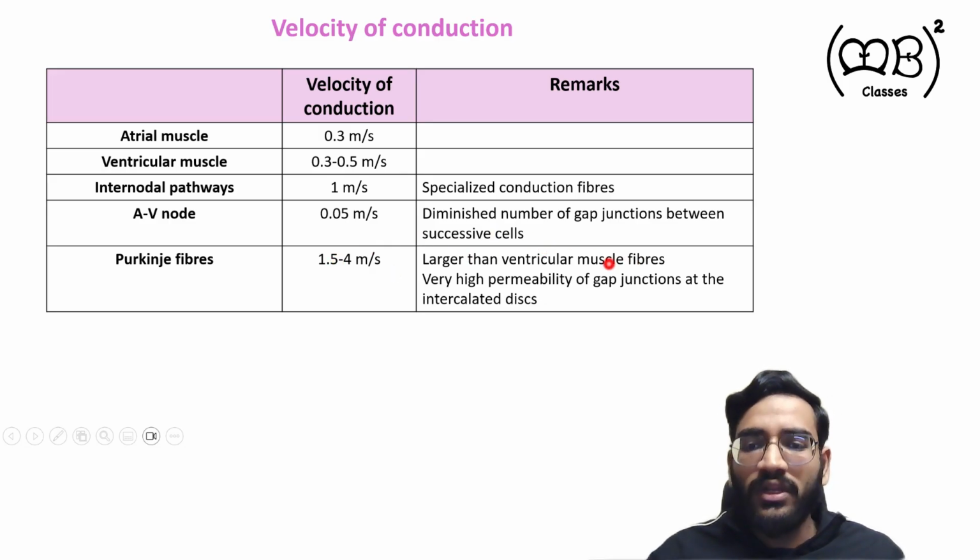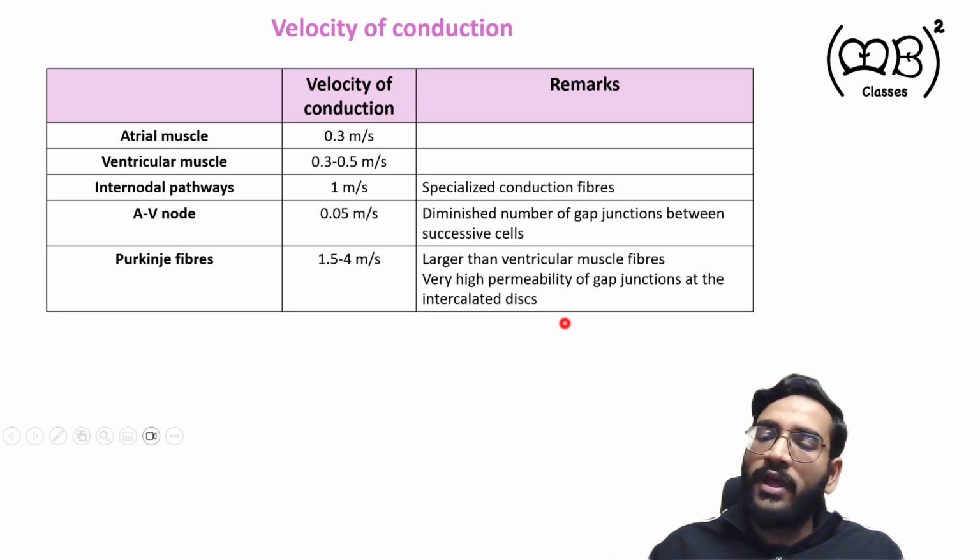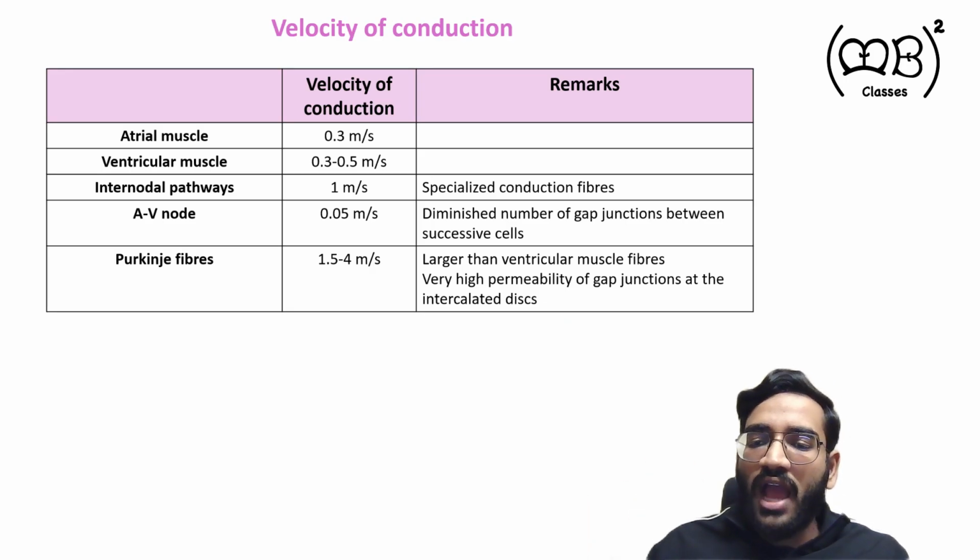Second, the gap junctions of the Purkinje fibers, which are present at the intercalated discs in between consecutive cells, have a very high permeability of ions. So because of the very high permeability of gap junctions at the intercalated discs, the Purkinje fibers conduct the impulses at a very fast rate, and the AV node conducts the impulses at a very slow rate, the slowest, which is 0.05 meter per second, because of the diminished number of gap junctions.